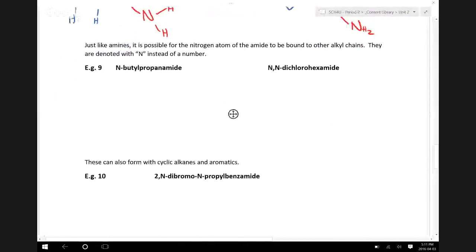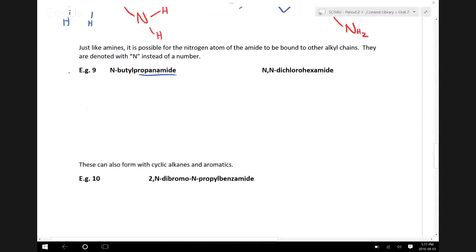So you would do propanamide first by drawing a 3-carbon chain like that. A double bond to oxygen and a bond to nitrogen. And then we would say that in this case, that nitrogen is bound to a butyl group.